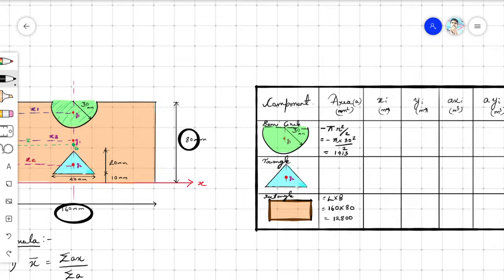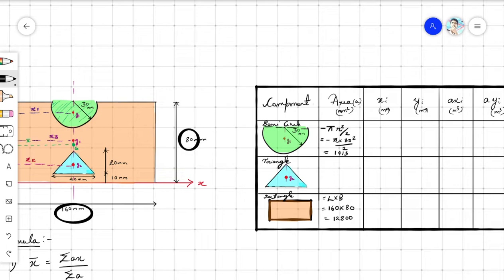Just let me recheck it. So 30 whole square, then on the calculator you have to press shift and there is a pi key, the 10 raised to x at the bottom.